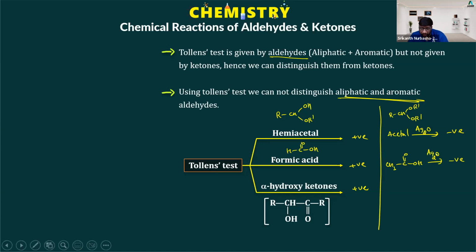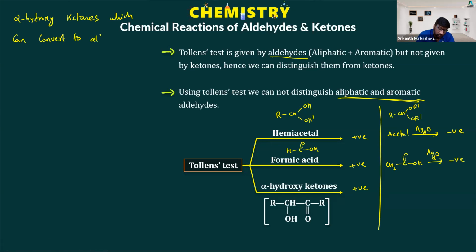So now look at the alpha hydroxyketones. Alpha hydroxyketones which can convert to aldehydes will give a positive result for Tollens' test.